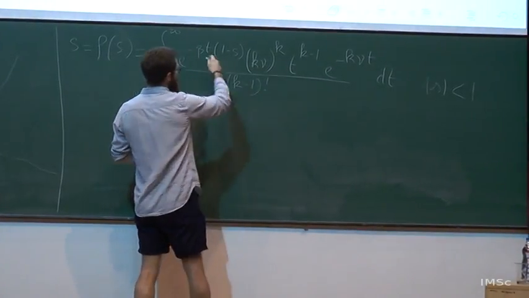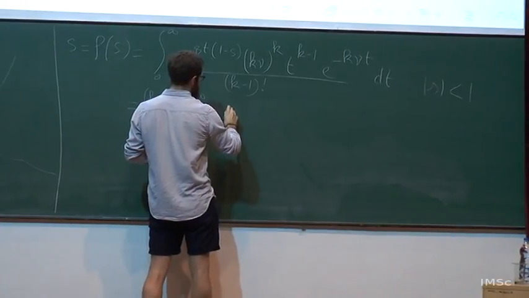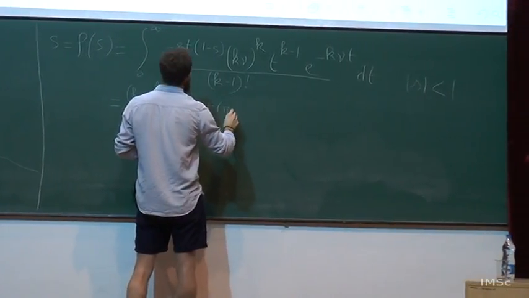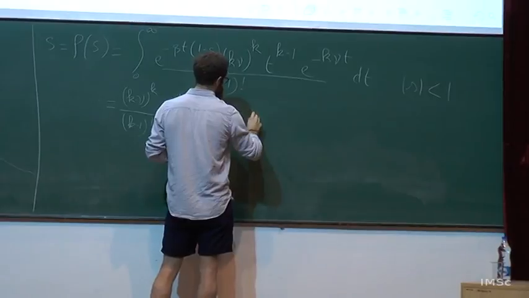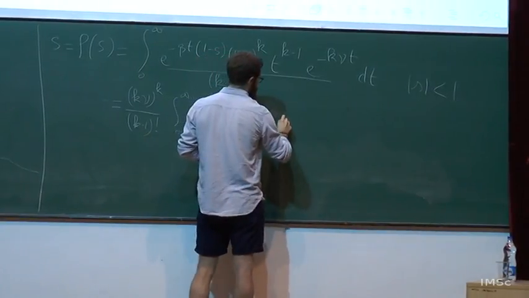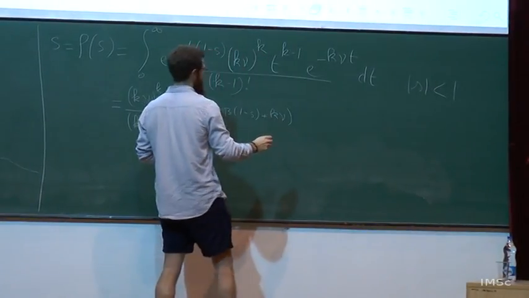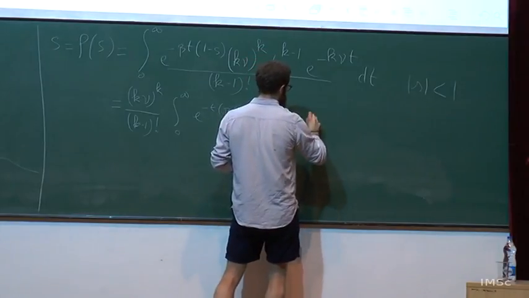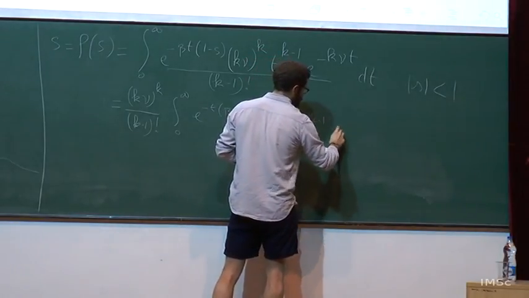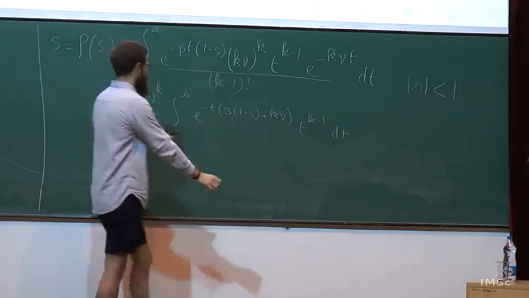So you can group the t here: exponential of minus t times (beta (1 minus s) plus k mu), times t to the k minus 1, dt.